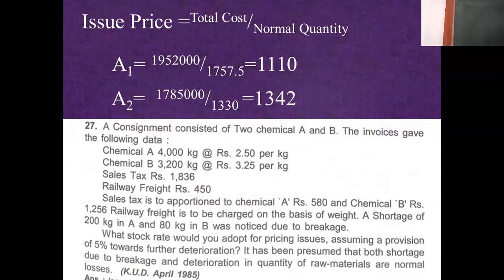Then railway freight is always allocated on the basis of quantity ratio. Quantity ratio is 4,000 is to 3,200. Then they have allocated sales tax as 580 to A and 1256 to B. There's no problem, allocation is already made. And freight is charged on the basis of weight.